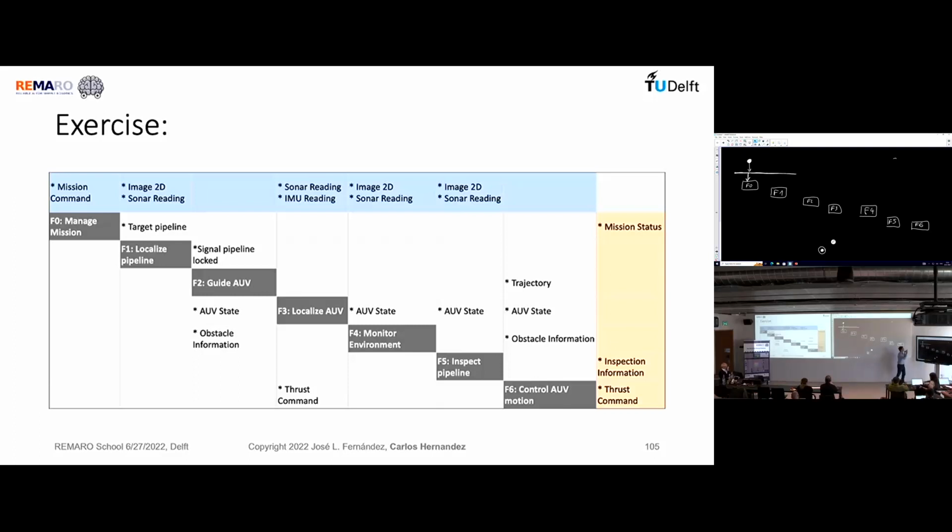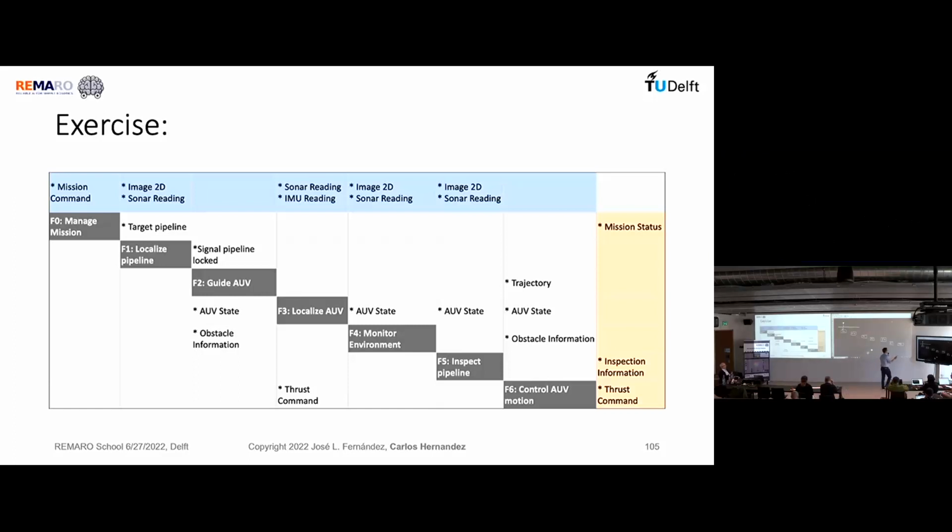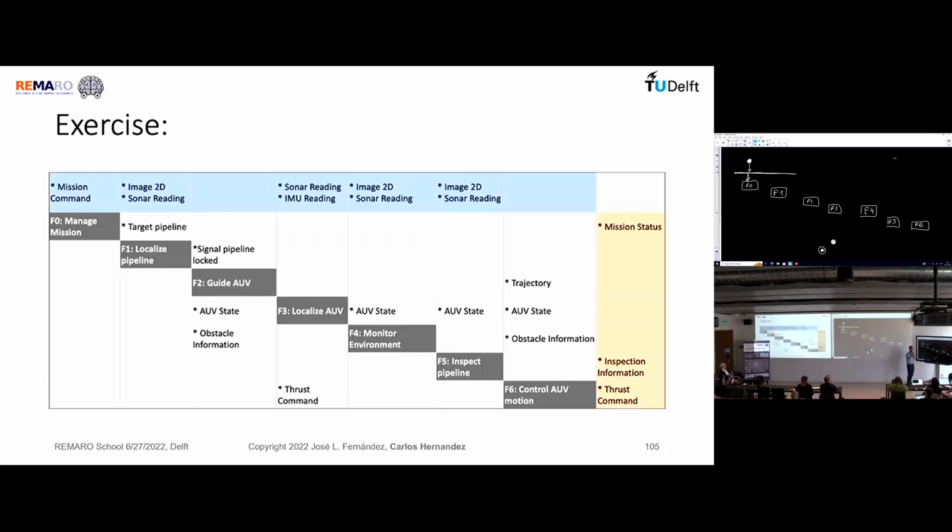Remember, we are not representing here the items that are being exchanged. We are representing the flow of control. So now this one gets to work, to execute. So we have another function that we call localize pipeline, and it's taking as input the output of F0. So what shall I draw? Nice.